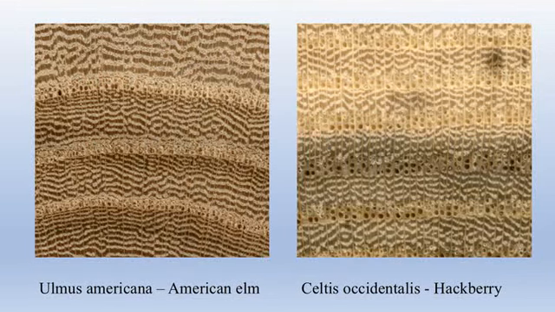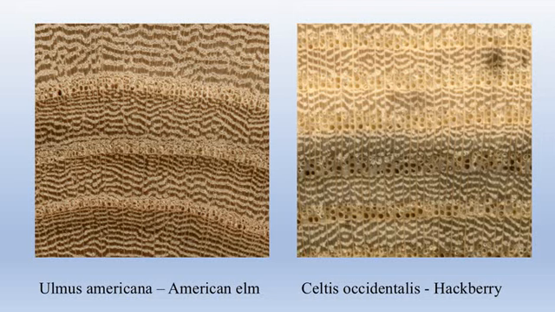Okay. We've got Ulmus americana, American elm. This is kind of a fun one for me. I don't know why, but it's just busy. The late wood pores, and then the early wood pores. And you notice all the wavy patterns. That is very typical of elm, and it's not the only wood that has that pattern.